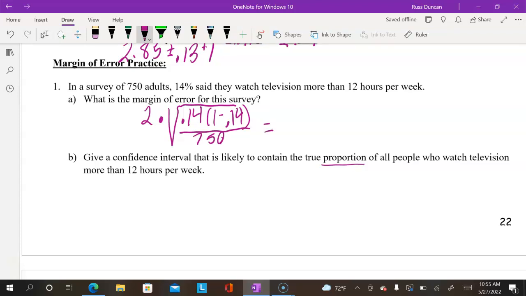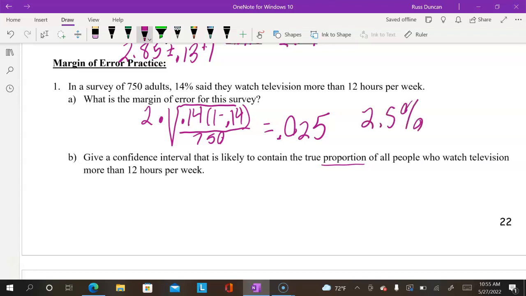So we're going to put that in: 2 times the square root of 0.14 times 0.86 divided by 750. We get 0.025. Or that's really 2.5%.